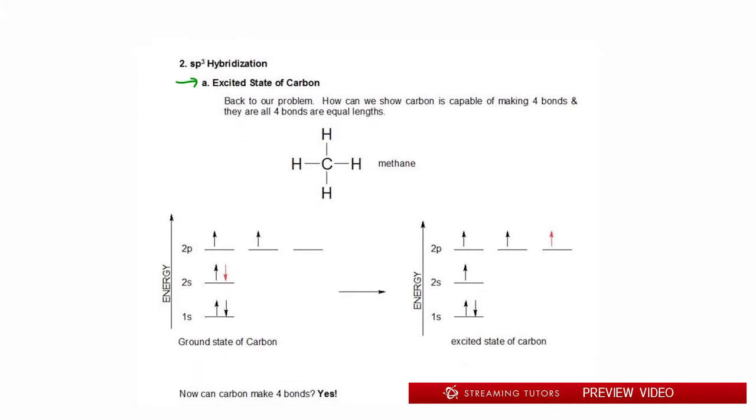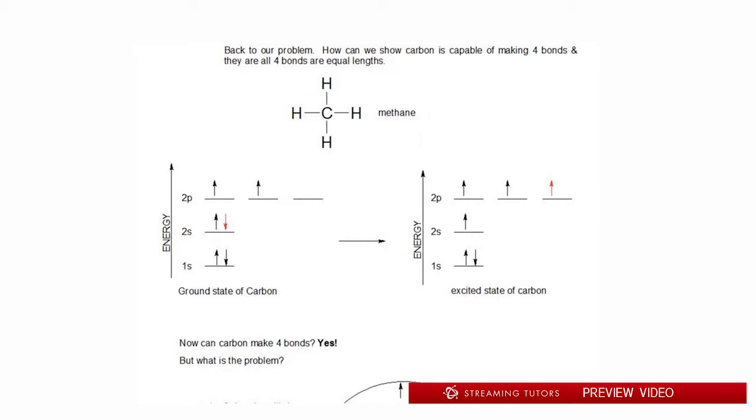So let's take a look at how that works. Here we have this red electron. Now, by the way, I'm at this point showing you the 1s, but we could just ignore it. Remember, bonds occur with the valence electrons, the outermost shell. So it's really the 2s and 2p that we're worried about. This 2s has 2 electrons in it. That's the normal ground state electron configuration, right?